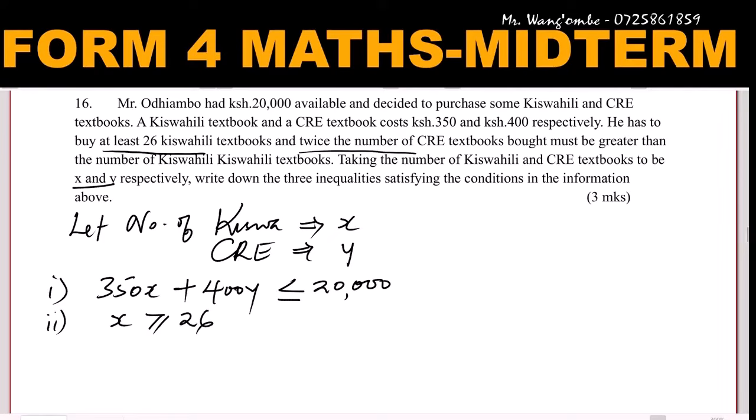Then twice the number of CRE books bought must be greater than, so twice the number of CRE books, which is 2 times Y, must be greater than, not greater than or equal, but just greater than the number of Kiswahili textbooks, which is X. So that is another inequality, or you can write it as X should be less than 2Y.